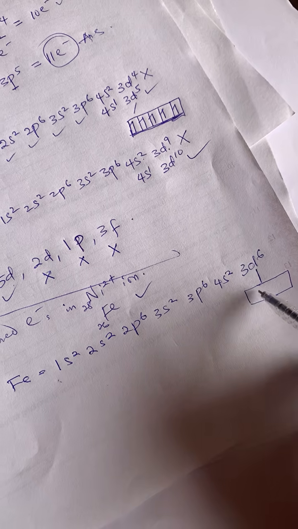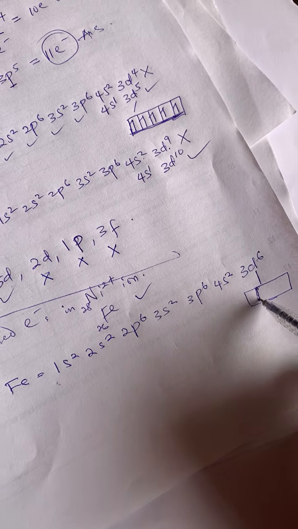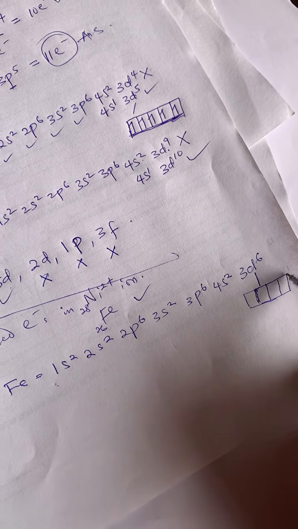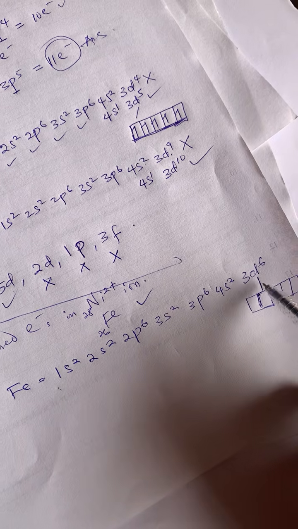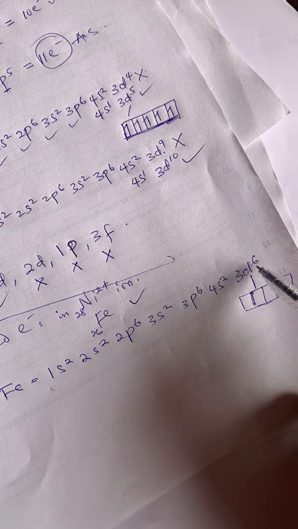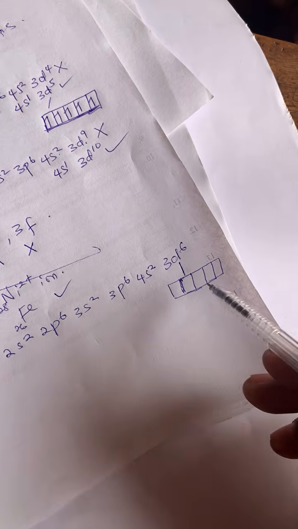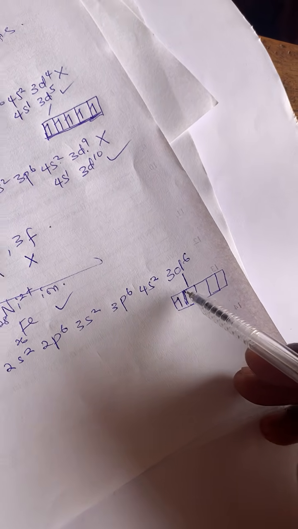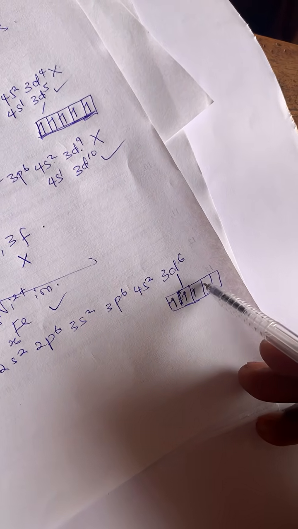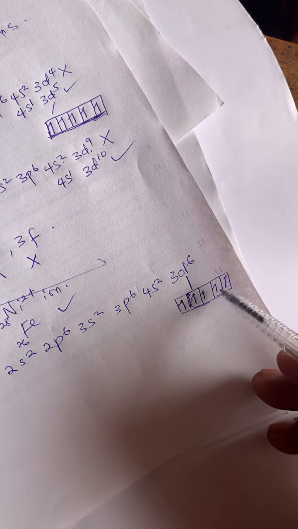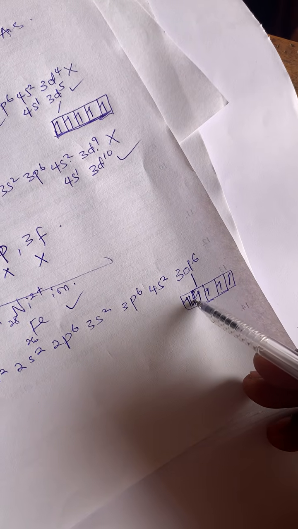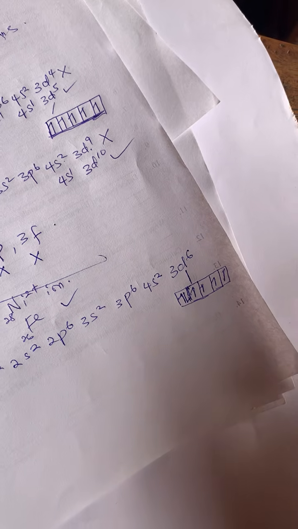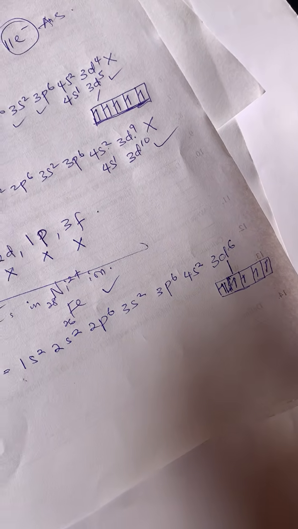This is a d orbital first of all, so the d orbital will have 5 degenerate orbitals. What we'll do is to place these 6 electrons into these orbitals, and we are going to have 1, 2, 3, 4, and then 5. And then the 6th one will come here according to Hund's rule of maximum multiplicity.